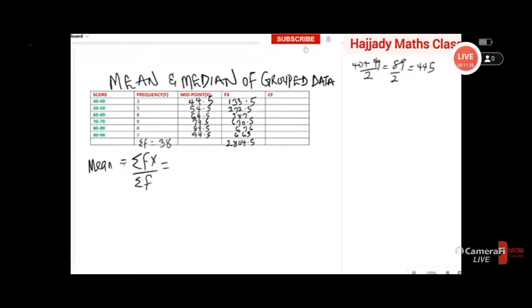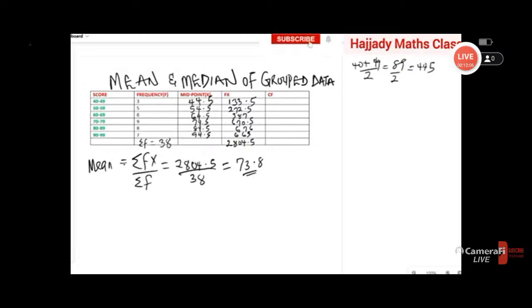So calculating the mean here, we have our summation fx, which is 2,804.5, divided by our summation f, which is 38. So this is going to give us 73.8. This is our mean. So this is the average for these data sets.